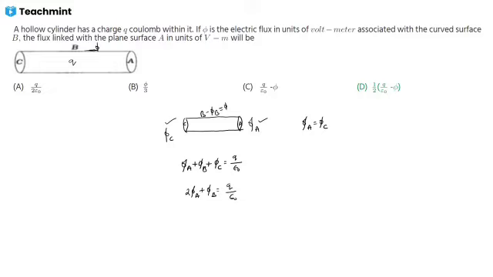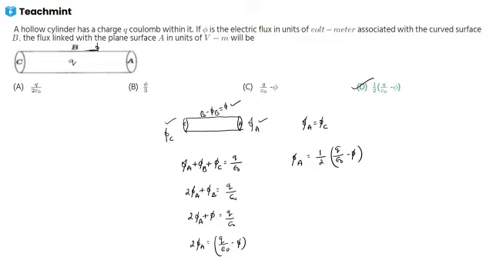In the question they have given phi B value as phi. So 2 phi A plus phi is equal to q by epsilon naught. So 2 phi A is equal to q by epsilon naught minus phi. We want phi A, so bring the 2 also to this side: phi A is equal to half of q by epsilon naught minus phi. So option D it is.